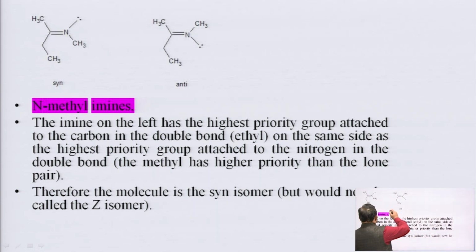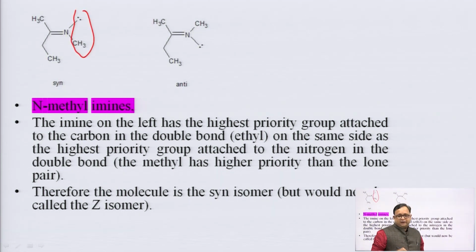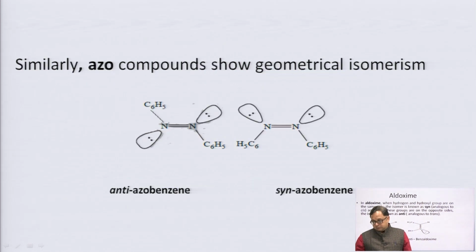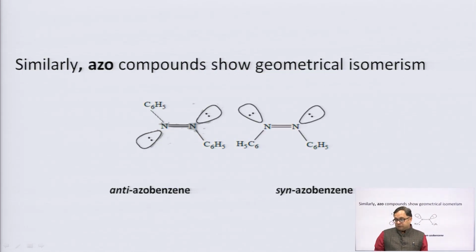If the higher priority groups are attached on the same side, we are calling it syn, otherwise we are calling it anti. So, syn is equivalent to Z and anti is equivalent to E. This type of isomerism is also available in aldoximes, and azo compounds also exhibit syn and anti isomerism.